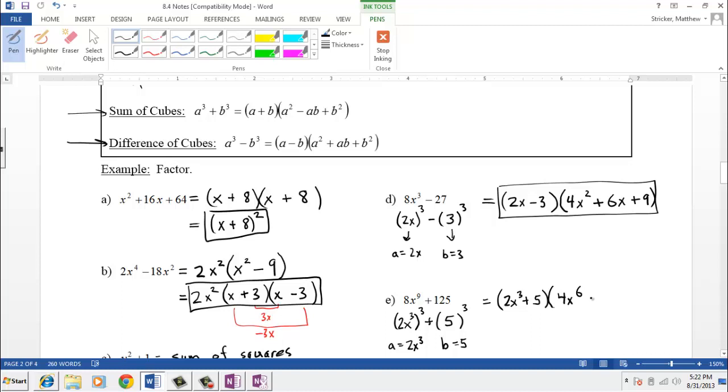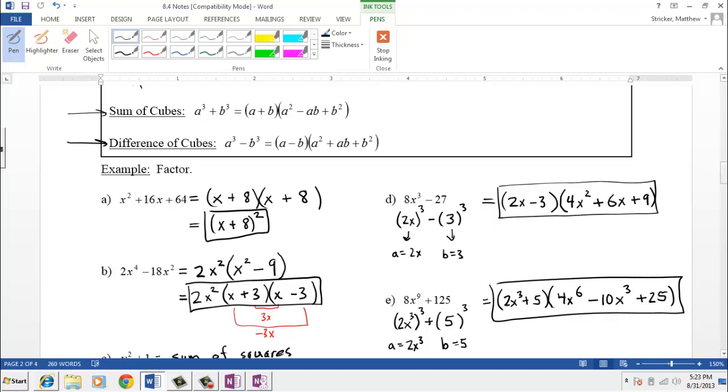And then we have minus A times B, which is 2x cubed times 5, or 10x cubed. And then finally we have B squared, which is 5 times 5, or 25. And that is how you factor a sum of cubes.